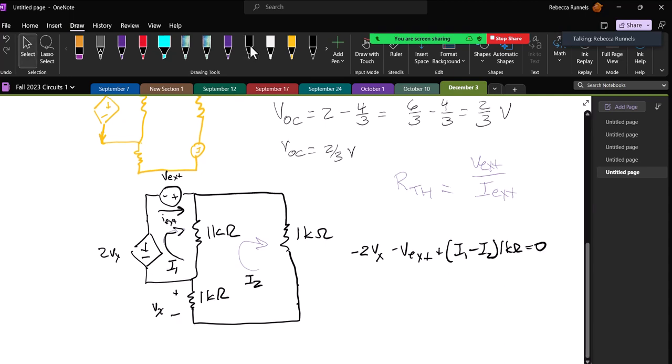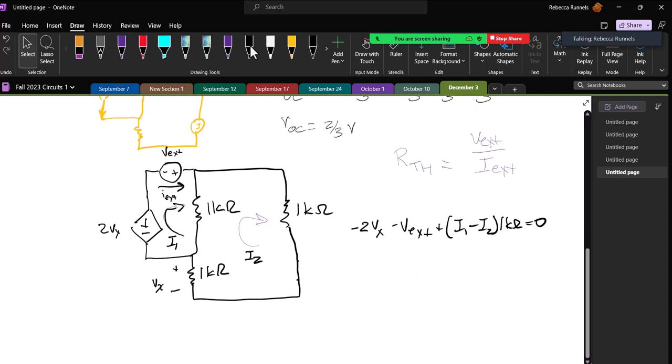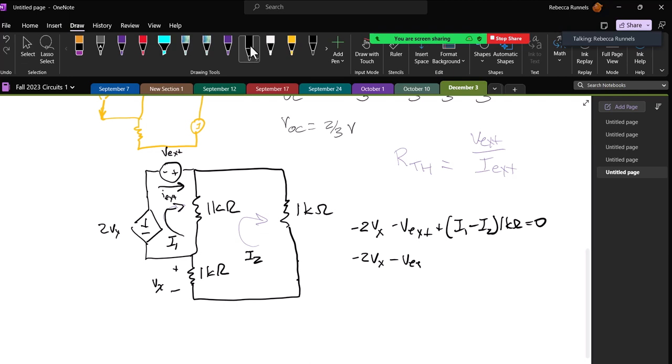So that's my top mesh equation. So my top mesh: minus 2Vx minus V external plus 1K I1 minus 1K I2 equals 0.